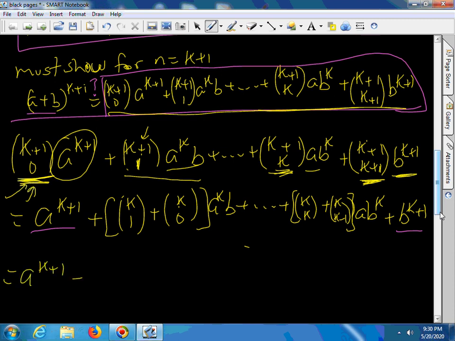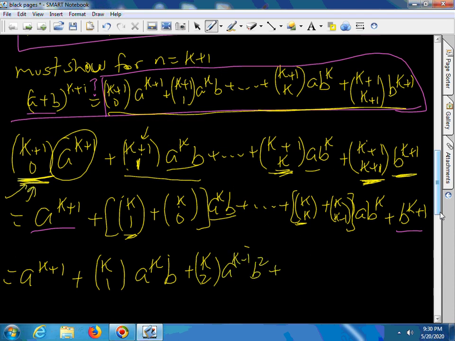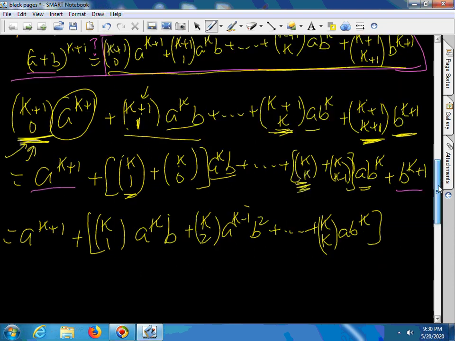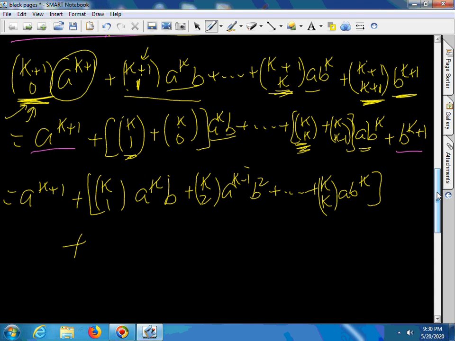Now when I add these, first I want to add the first ones. So I get k choose 1, a to the k times b, plus I'll have k choose 2, a to the k minus 1 times b squared, all the way down to k choose k, a b to the k. We have that one. Plus, now I'll add on the second ones.